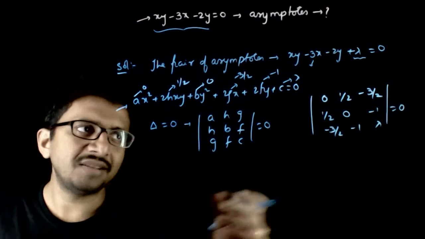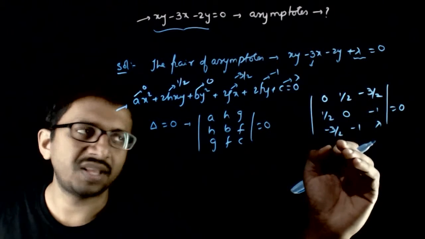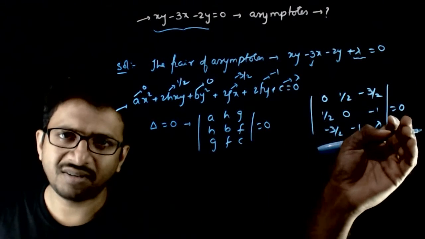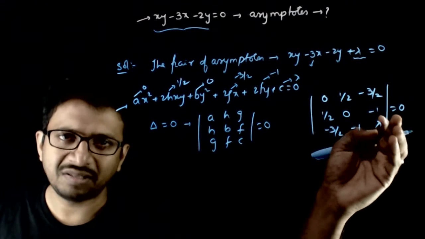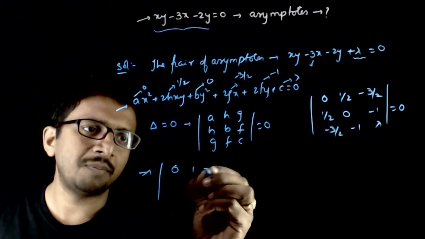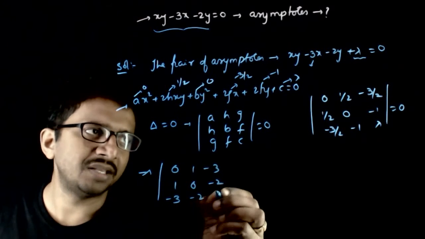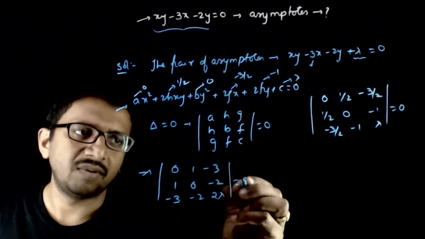So now we can solve this. To remove the fractions, I will multiply 3 rows with 2. It doesn't really affect the 0 because even if you multiply 0 with 2, you get 0 itself. So this implies the determinant of 0, 1, minus 3, 1, 0, minus 2, minus 3, minus 2, 2 lambda is equal to 0.